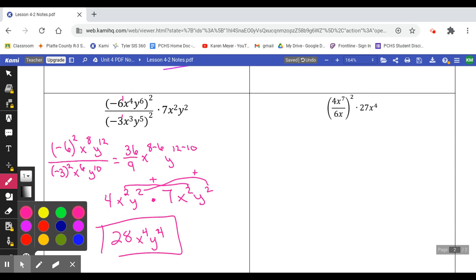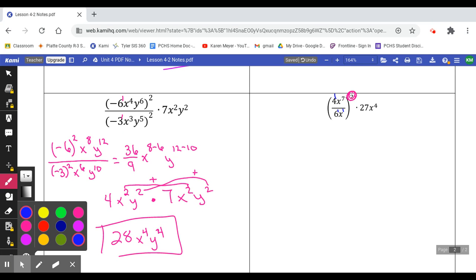Okay, last one. This one is a little bit different because do you notice that there is parentheses over the top and bottom fraction all together with a power of 2 outside of it? So that means this little power of 2 right here has to go for the top and the bottom of the fraction.